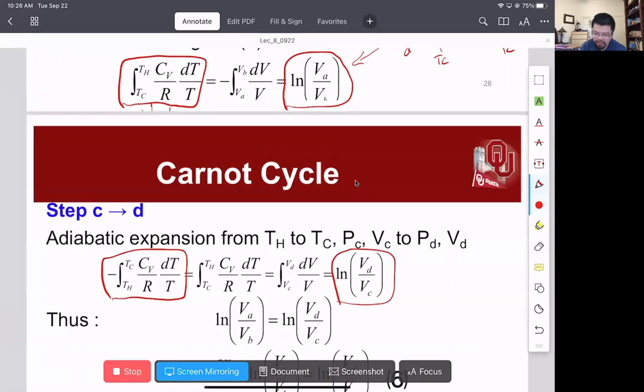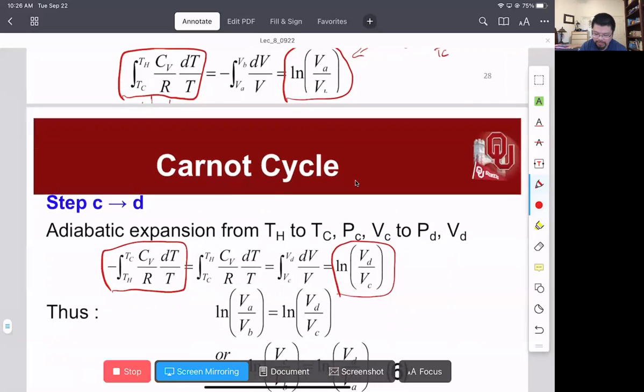So if we are looking at VA over VB, VD over VC, let me try to highlight. On the right-hand side they are identical, on the left identical, so the right shall also be identical. So this is why we come up with that equation.